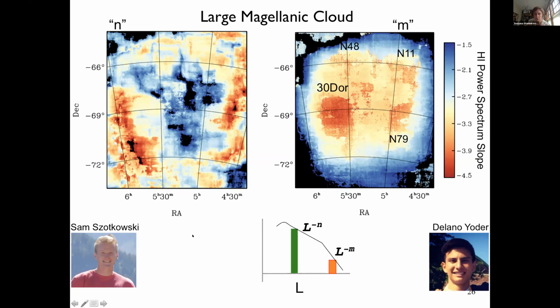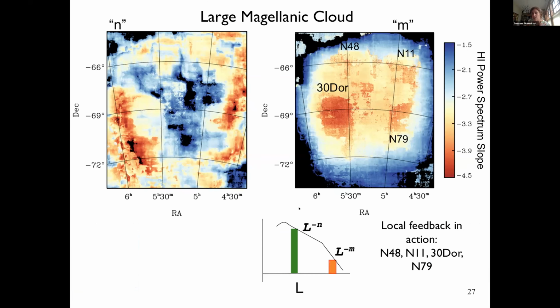So what's happening? Let's look at the small scales first. Around 30 Dorado and several star-forming regions, we are seeing sudden steepening of the power spectrum slope around those intense star formation regions.